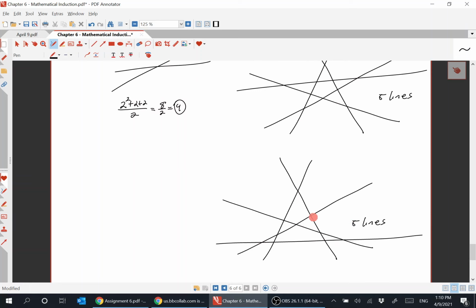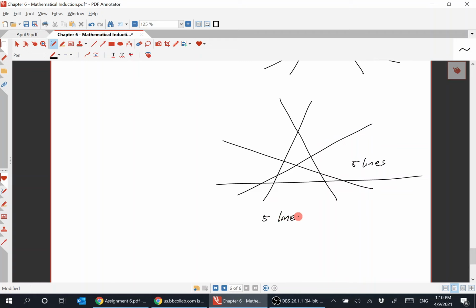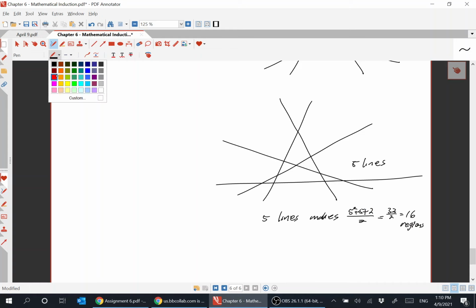But 5 lines, despite the difference geometrically between this and this, always makes 5 squared plus 5 plus 2 over 2. So it's 32 over 2, 16 regions. Now let's count them up. 1, 2, 3, 4, 5, 6, 7, 8, 9, 10, 11, 12, 13, 14, 15, 16.